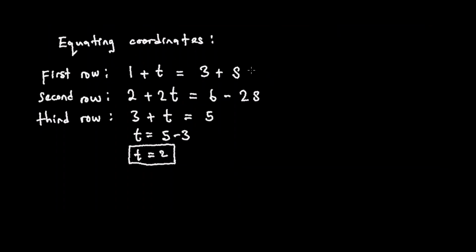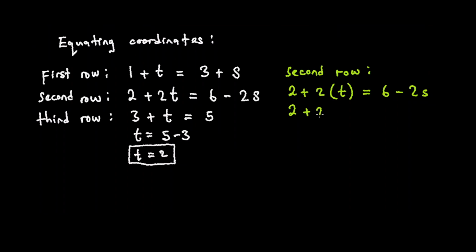So we can go back to the second row, but this time we substitute t with 2, meaning it becomes 2 plus 2 multiplying t should be equal to 6 minus 2s. Do you see? So t is 2, right? So it's 2 plus 2 times 2 is equal to 6 minus 2s.